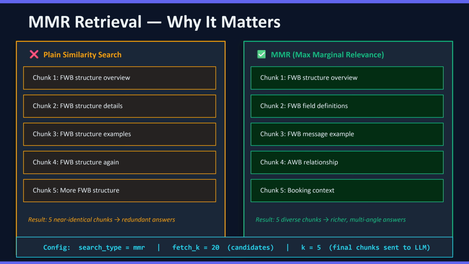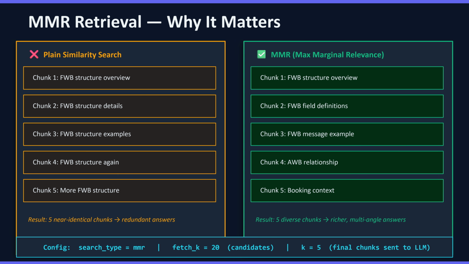The result: chunk 1 covers the FWB structure, chunk 2 covers field definitions, chunk 3 shows an example message, chunk 4 explains the relationship with AWB, chunk 5 gives booking context. Each is a genuinely different perspective on FWB. The LLM now produces a rich, multi-angle answer that covers the topic comprehensively.